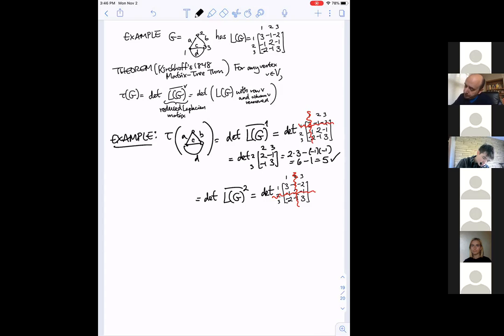And this calculation says it's also supposed to equal the determinant of this reduced matrix indexed by vertices 1 and 3. It has a 3 and a 3 on the diagonal, -2s off the diagonal. So we get 3 times 3 minus -2 times -2, which is 9 minus 4 is 5, which worked.